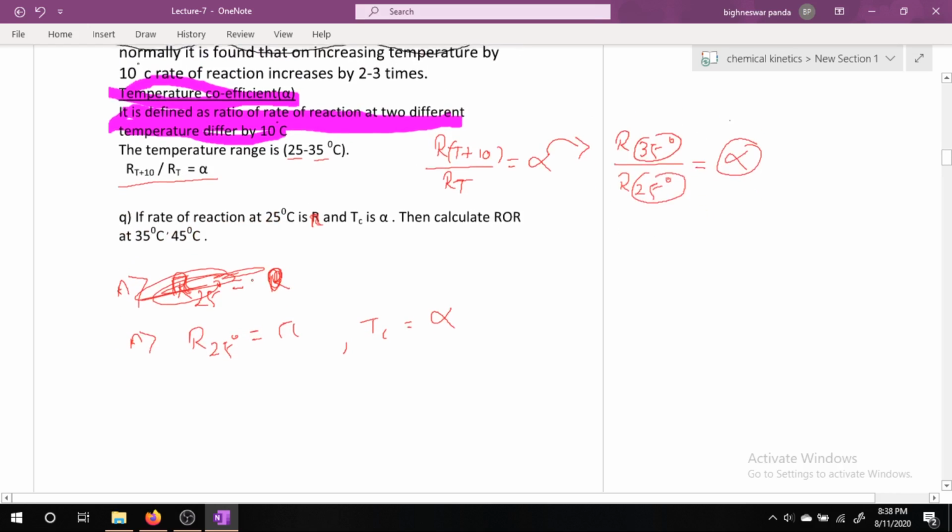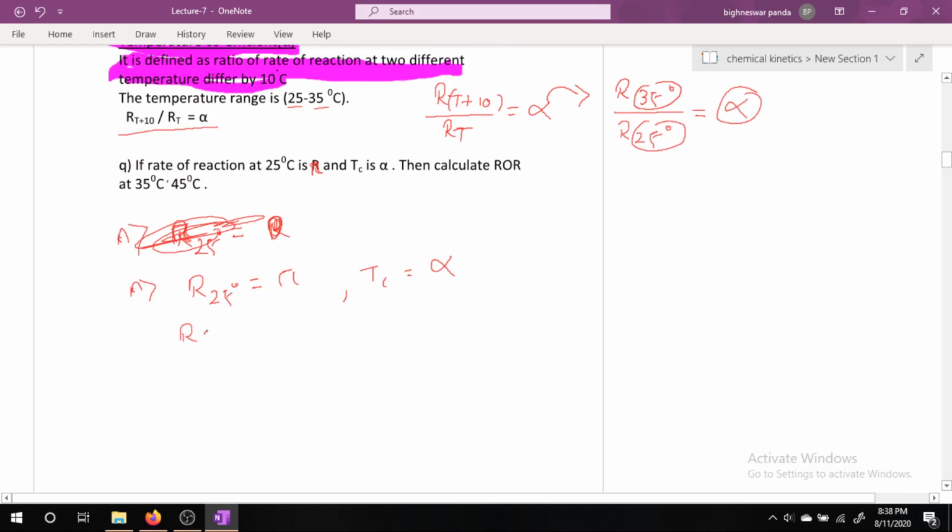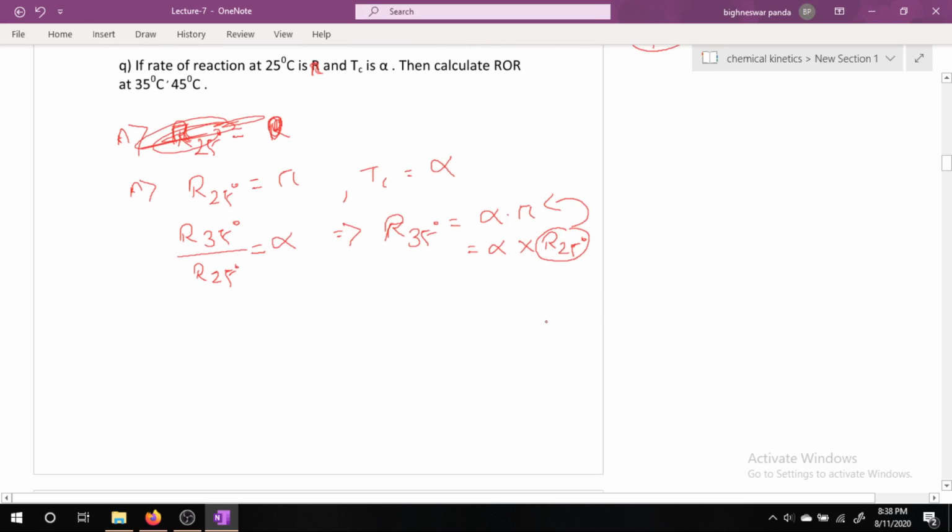Using the above formula, I can write R at 35 degrees Celsius divided by R at 25 degrees Celsius is equal to alpha, and R at 25 degrees Celsius is equal to R. So the rate of reaction at 35 degrees Celsius equals alpha into R. Similarly, to calculate the rate of reaction at 45 degrees Celsius, R at 35 degrees Celsius I have calculated as alpha into R.